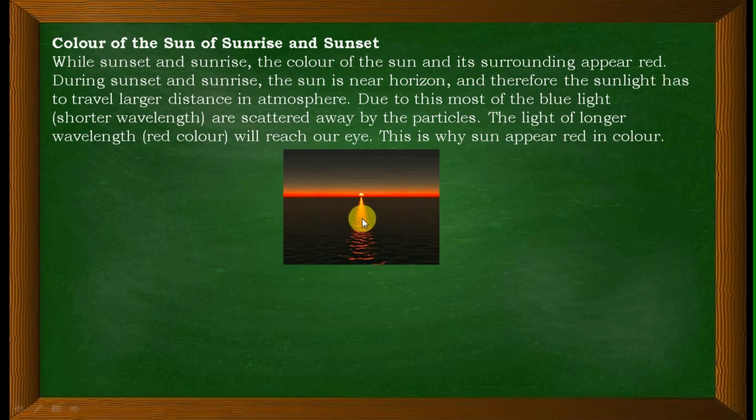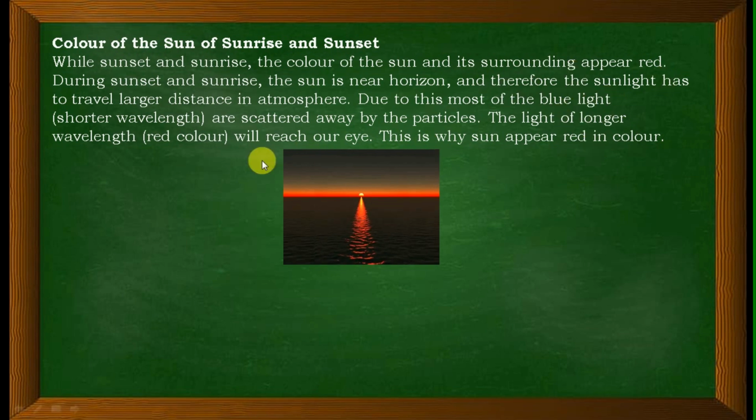So easy to remember. What you need to remember is only the wavelength. So at the horizon, the sunlight has traveled the larger distance, and traveling a larger distance is basically the red color.